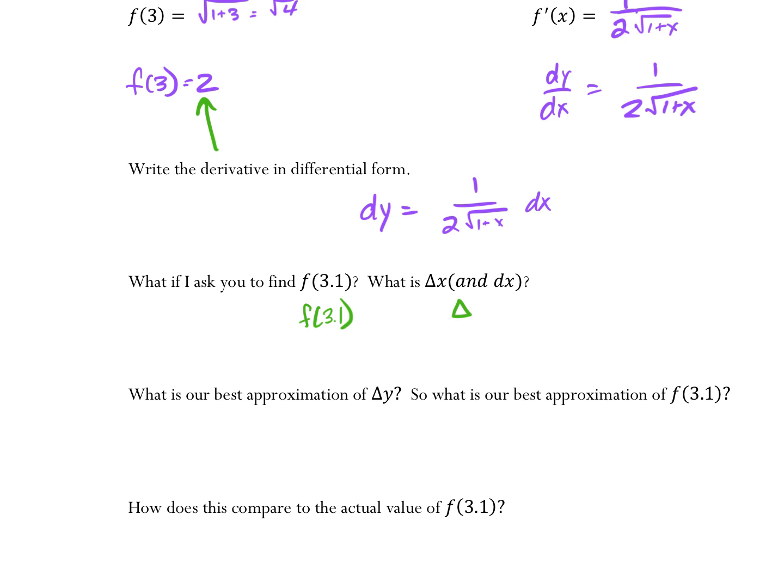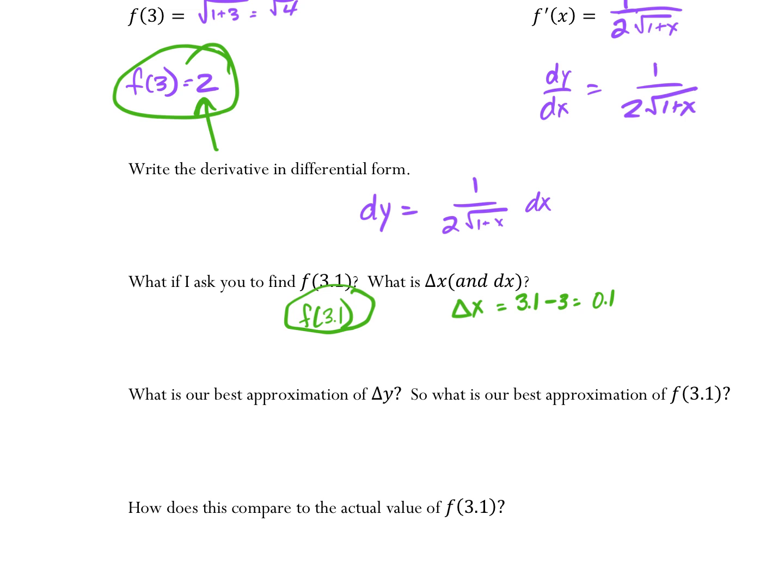If I ask what is delta x, which, by the way, is the same thing as dx, well, essentially, we're looking at the change from this easy point to this point. So my change in x is how much it changes from this point to the new point. We're trying to figure out the y value at 3.1, so x is changed by 0.1.